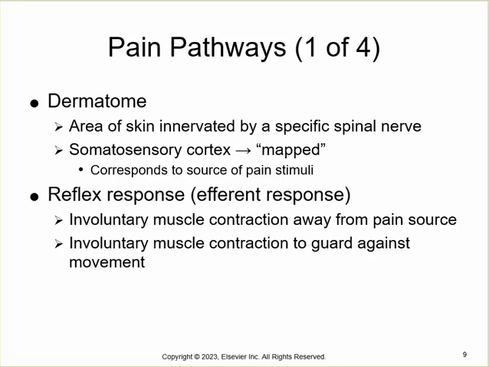And at the same time, you activate all the extensor muscles on your left side so that you transfer your weight from your right side to your left side and you maintain your balance. It's the same thing if you were to hurt your right index finger: you're going to withdraw your right arm and you're going to extend your left to balance that.